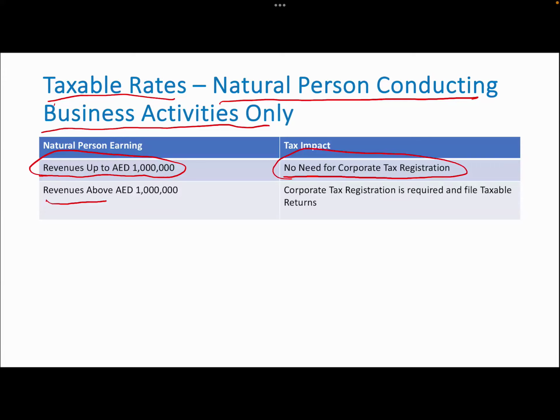When the revenue exceeds 1 million. That's when the natural person has to register for corporate tax and file tax returns. This will be the tax impact only when a natural person exceeds the revenue above 1 million. But again, if your taxable income, that means your profit, does not exceed 375,000, then you're taxed at 0%.